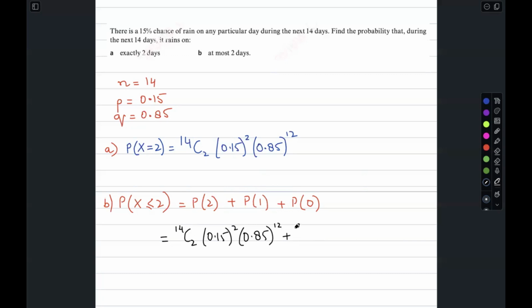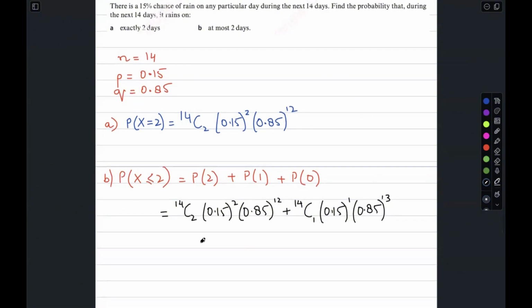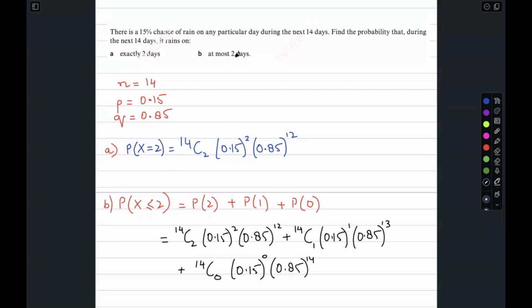The probability of raining on only 1 day will be given as 14C1, 0.15 to the power 1, and 0.85 to the power of 13. And the probability of raining on 0 days would be 14C0, 0.15 to the power of 0 and 0.85 to the power of 14. We can just plug these values in the calculator and add them up to find the probability for at most 2 days.